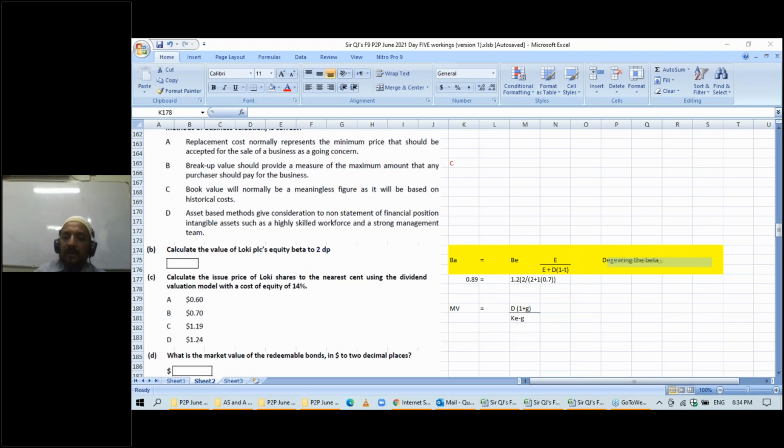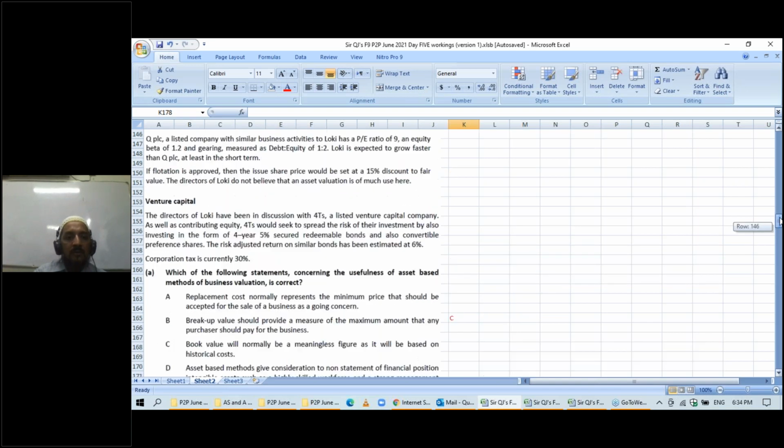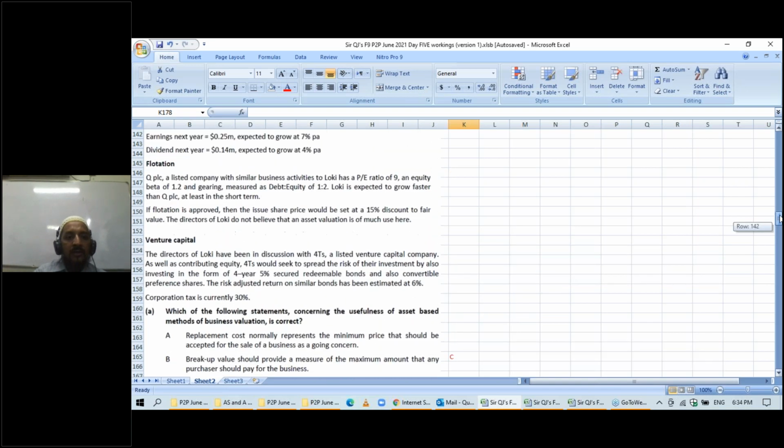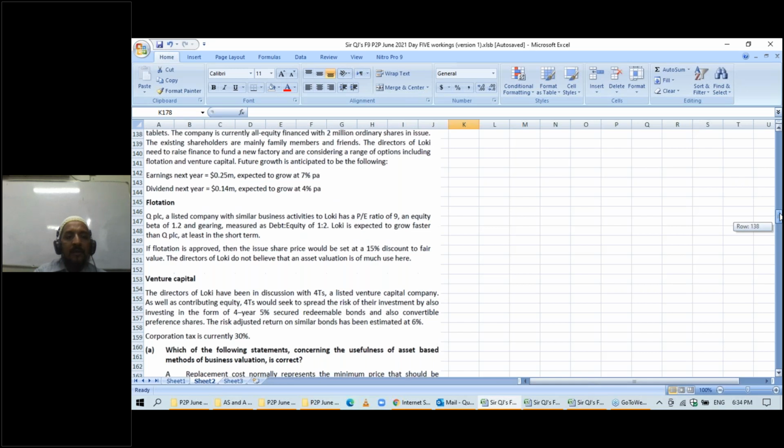Okay, let me calculate now and show you the growth rate in the question. So you can see dividend next year is going to be this, so this is next year's dividend, so no need to apply the growth rate, and the growth rate is 4%.